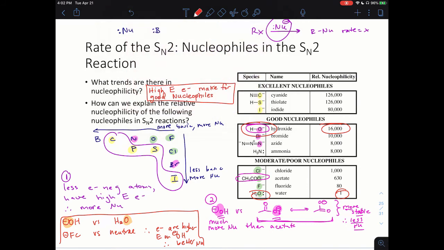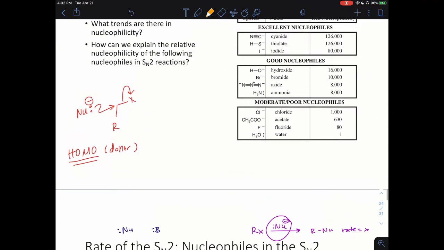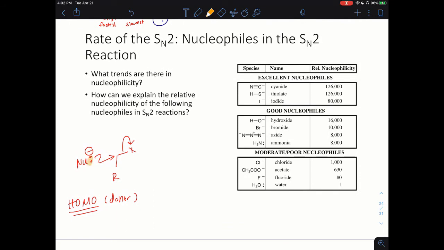And then our third trend was that when we had hydroxide versus water, we had the same atom, O versus O, but you had a negative formal charge versus neutral. The electrons are higher energy on the atom with the negative formal charge, and so it was a better nucleophile. And the organizing pattern is that high energy electrons make for good nucleophiles. And of course, this is because the nucleophile is reacting through its HOMO. The H in HOMO stands for highest energy filled molecular orbital. So the higher energy, the better.